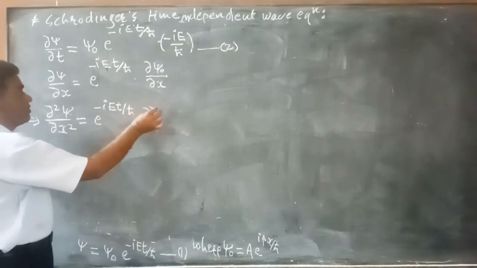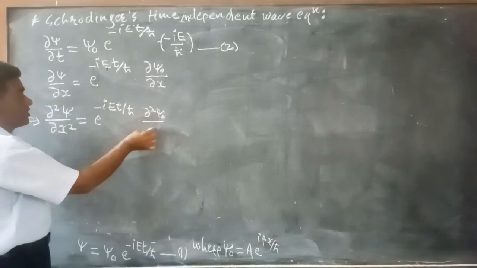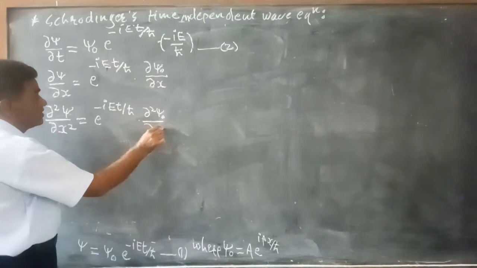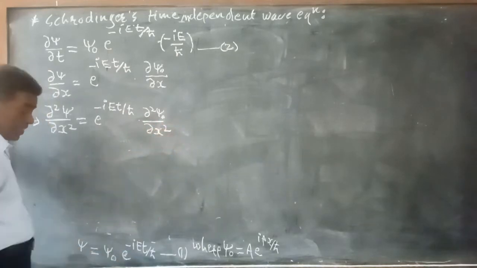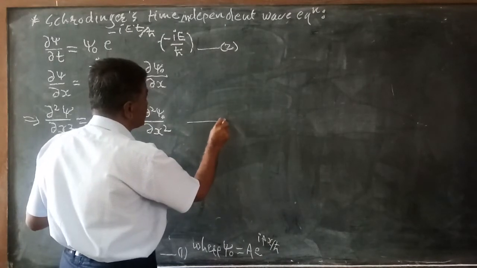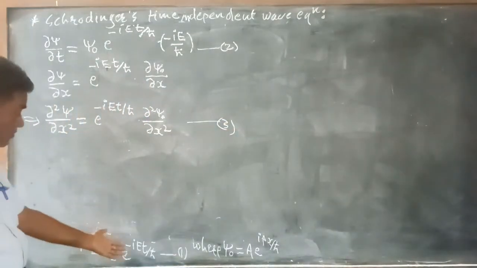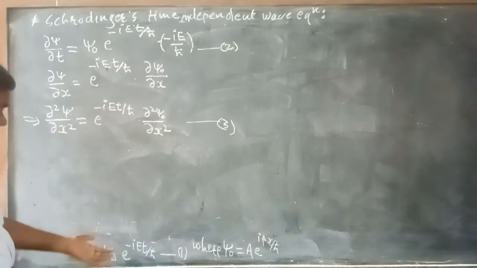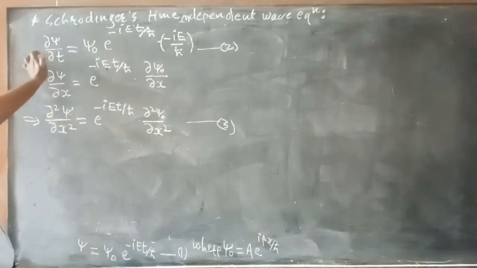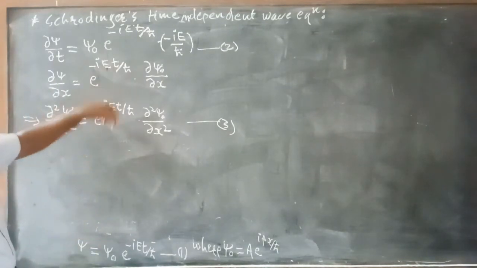So we are getting d square psi 0 divided by dx square. Suppose this is equation number 3. So these are equations 1, 2, 3 we are getting from equation 1, differentiating with respect to t, and differentiating with respect to x twice, we are getting these equations.